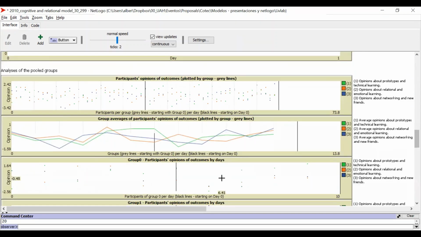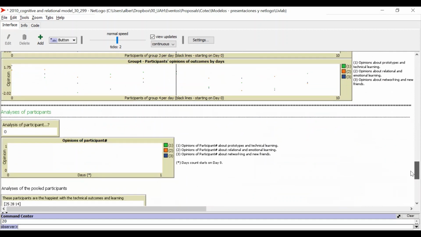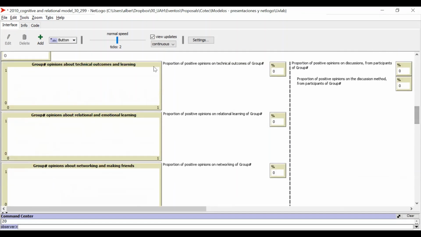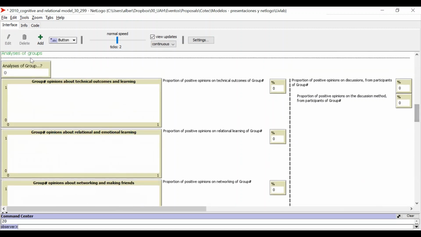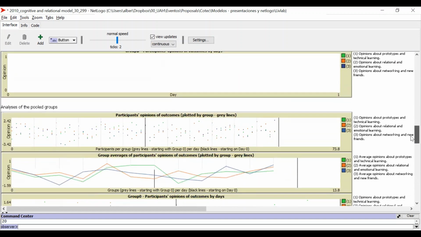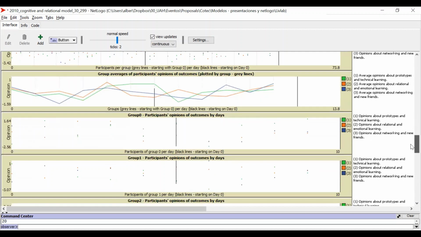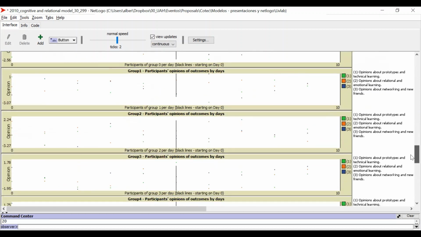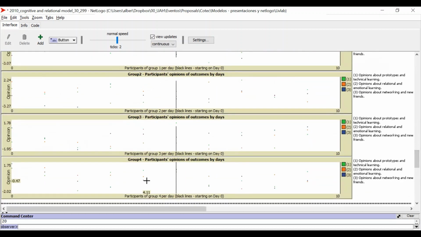We can analyze the groups and also the participants, but we would like to have this information, which is under the analysis of groups, for one group in particular. Recall that we have by default the information of group 0 and up to group 4.